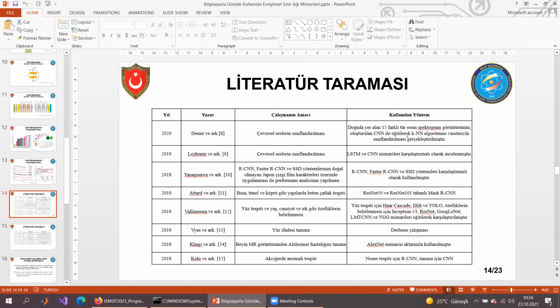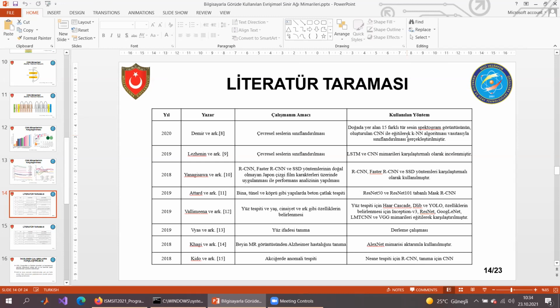Bilindiği üzere CNN'lerin eğitimi için oluşturulan veri setleri, günlük yaşantımızda karşımıza çıkan doğal nesne görüntülerinin bir araya getirilmesiyle oluşturulmuştur. Her ne kadar CNN'lerin doğal görüntülerdeki başarısı ortaya konulmuş olsa da çizgi film gibi doğal olmayan görüntüler üzerinde herhangi bir test ve deneme yapılmamıştır. Doğal olmayan görüntülerde öz niteliklerin daha az olabileceği ve sonuç olarak bunun nesne tanımayı zorlaştırabileceği düşüncesiyle hareketle, Yanagisawa ve arkadaşları 10 referans numarasıyla 2018 yılında yaptıkları çalışmada CNN'leri Japon çizgi filmi olan manga üzerinde denemeye karar vermişlerdir.